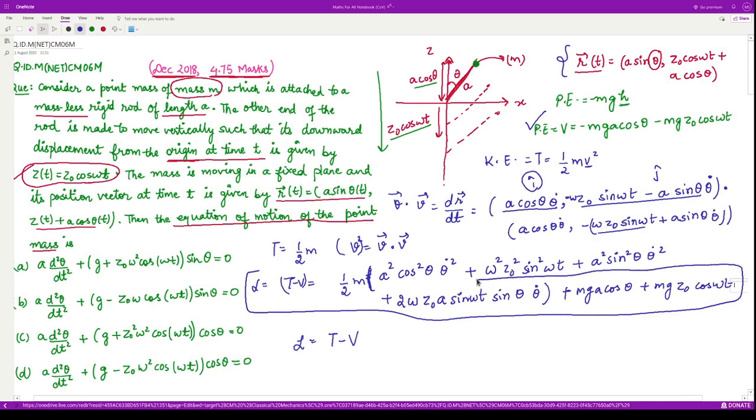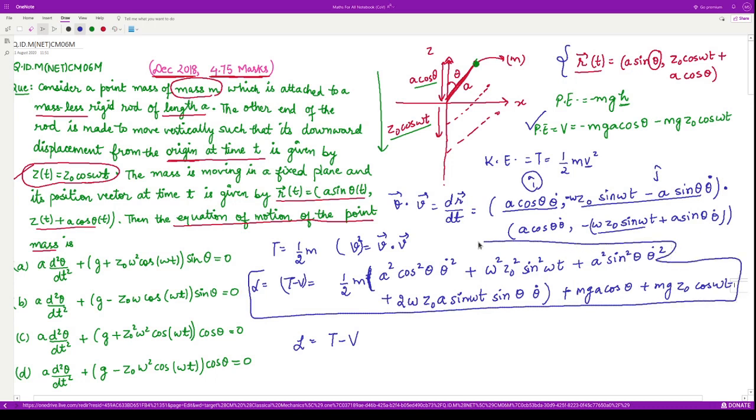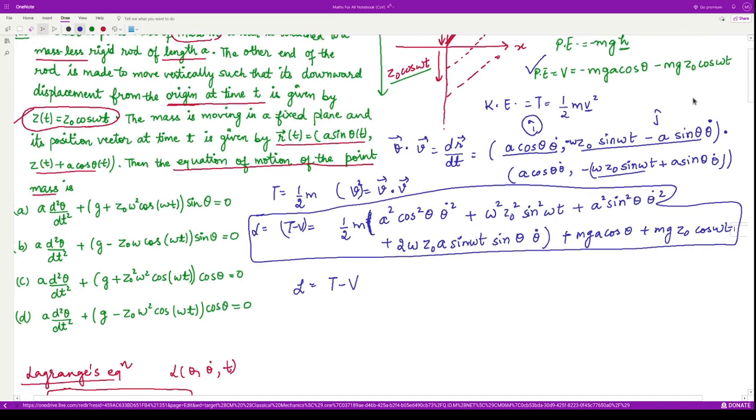So now in order to calculate these equations of motion, we need to differentiate this Lagrangian once with respect to theta, and then we have to differentiate it with respect to theta dot. So let us do it. So the derivative of this L with respect to theta, that would give you this first term, this contains theta.